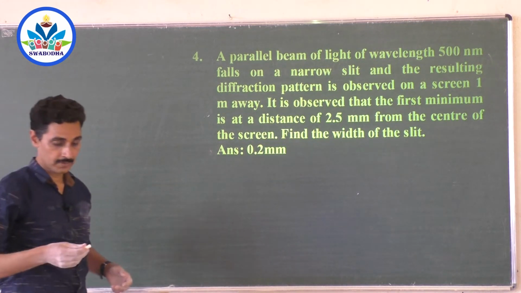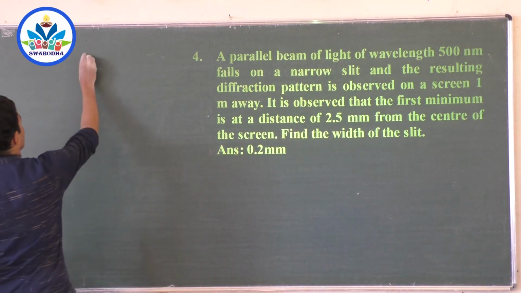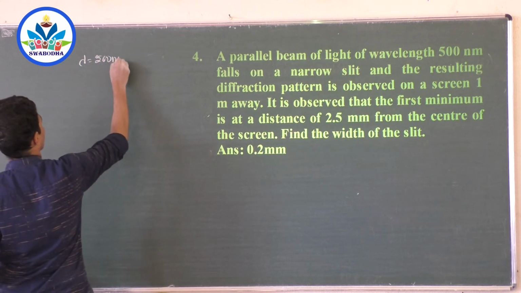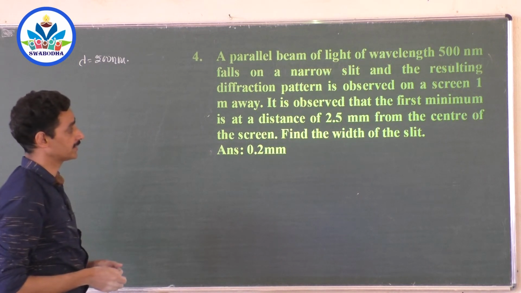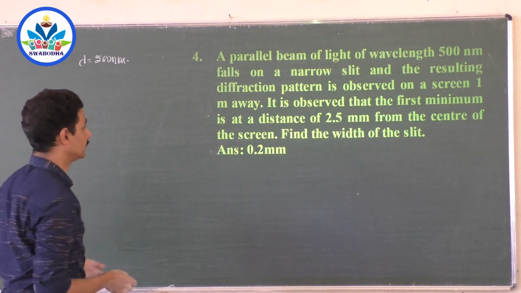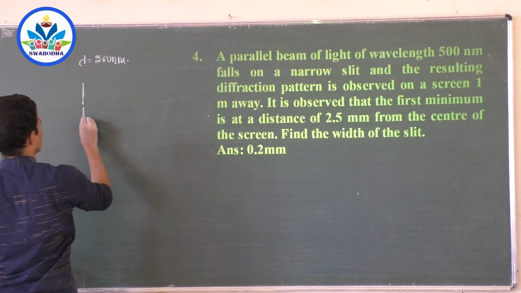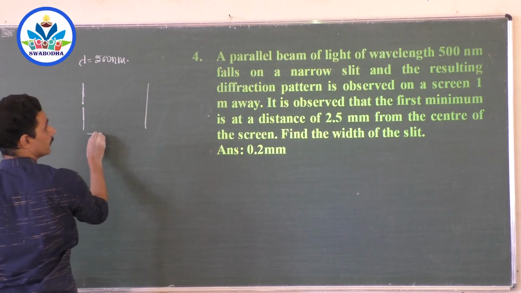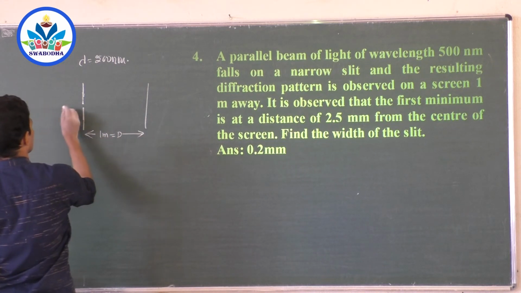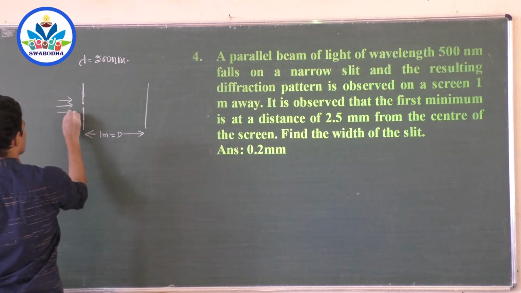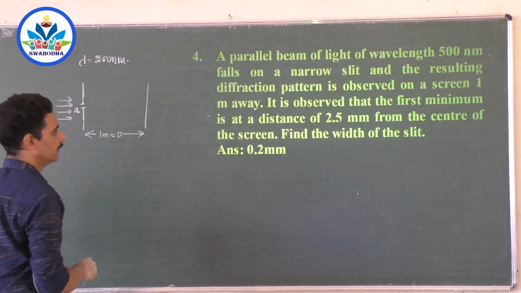A parallel beam of light of wavelength 500 nanometer, lambda 500, falls on a narrow slit, and the resulting diffraction pattern is observed on a screen 1 meter away. It falls on a narrow slit like this, and on a screen 1 meter away, which I will take as capital D. Wavelength is given, slit width a is not given, that is, find the width of the slit.